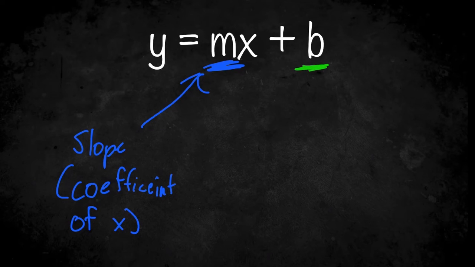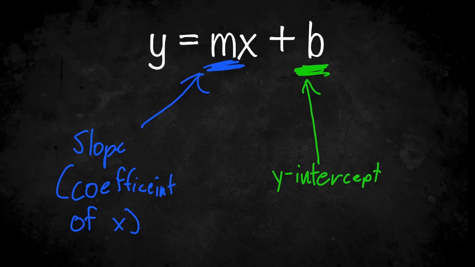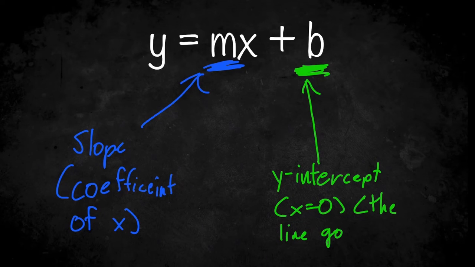Then you have b, which is the y-intercept, where x equals 0, or you could also say where the line goes through the y-axis.